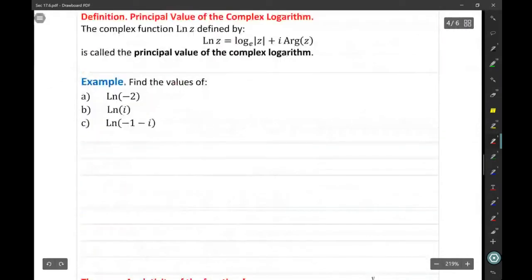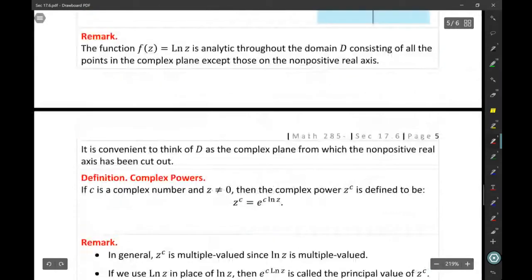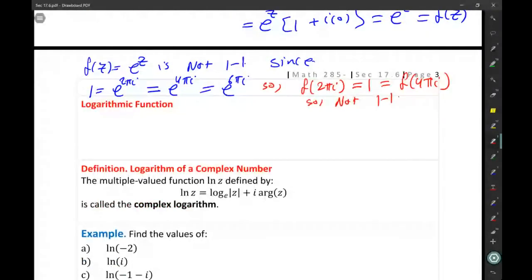Now let us go to the logarithm. We still have enough time to finish it, inshallah. The logarithmic functions. Now, in calculus 1, when we studied ln, what's the meaning of ln x?